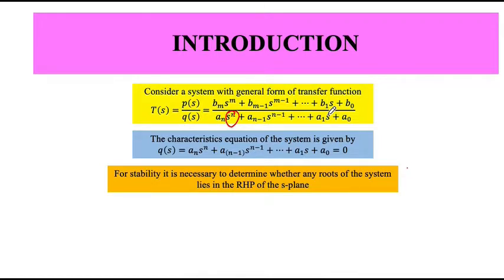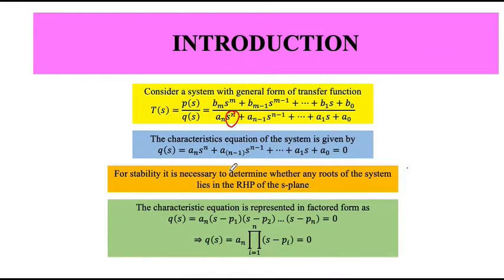So Q(s) is a polynomial here, which I can write in this way as a product. So this will have some roots. Let me call those roots p1 to pn, and these roots are the poles of my system.